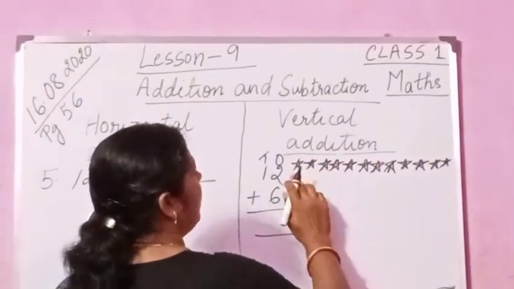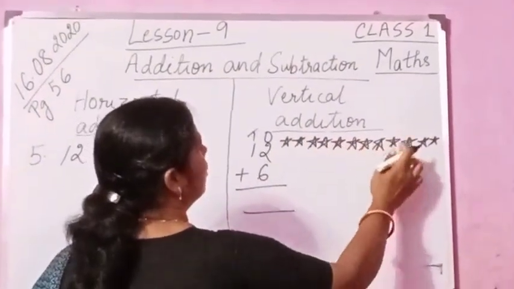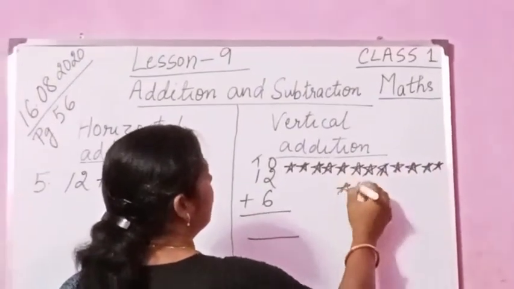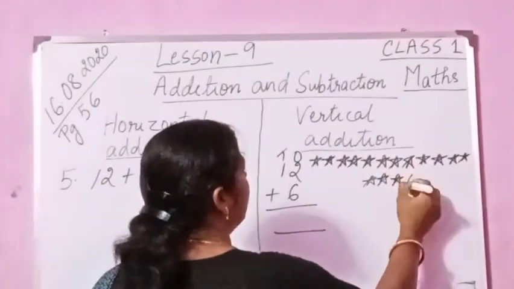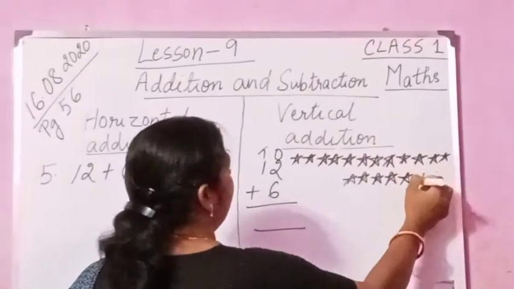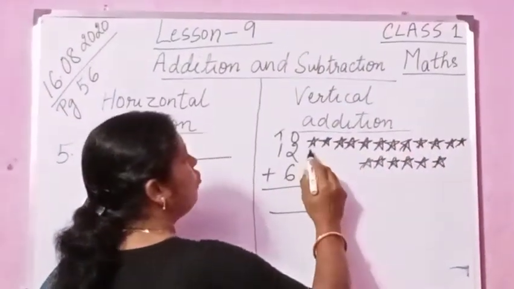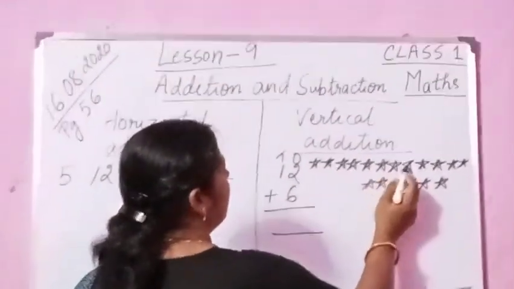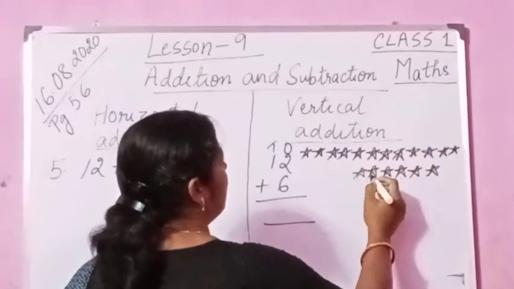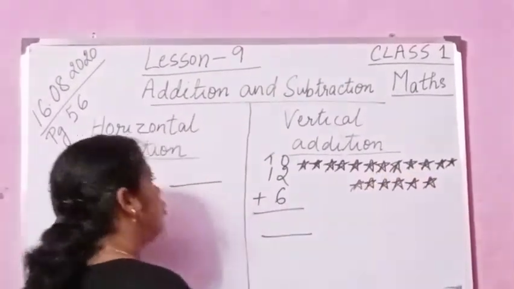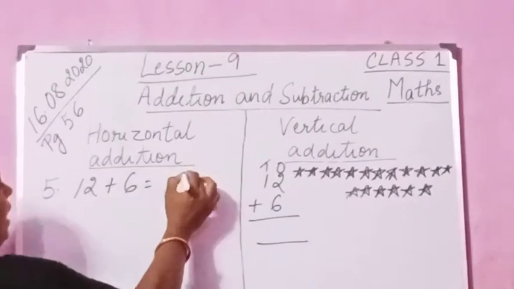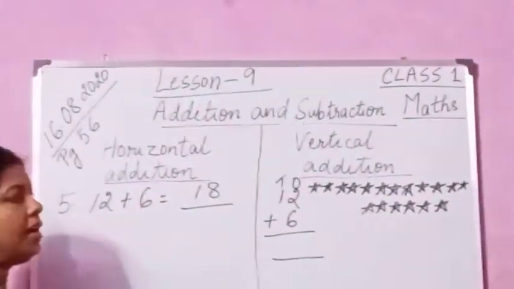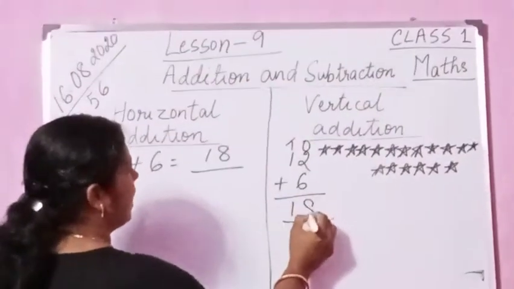And 6 more you make. 1, 2, 3, 4, 5, 6. Now let us count. 1, 2, 3, 4, 5, 6, 7, 8, 9, 10, 11, 12, 13, 14, 15, 16, 17, 18. So 12 plus 6 is 18. In horizontal addition it is 18. And in vertical addition also it is 18.